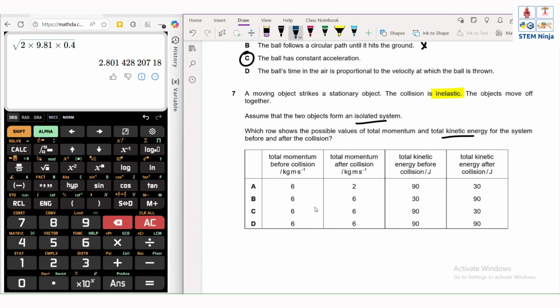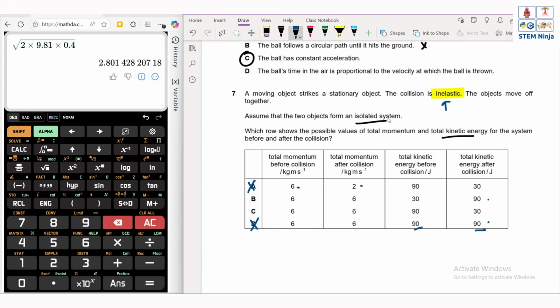So this goes right away, because the collision momentum before and after is not equal. So we have to look at which one of these is actually going to make sense. Now, total kinetic energy before and after collision are not equal. So that means D also goes away. Total kinetic energy before and after are not equal because this is inelastic.